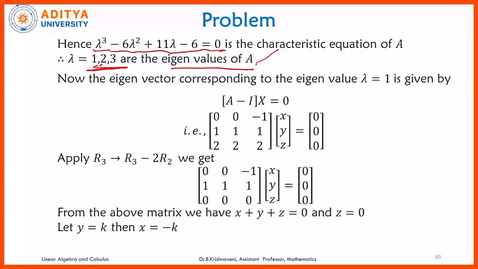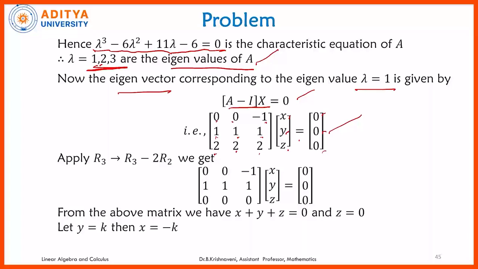So now let us find the eigenvector corresponding to the eigenvalue lambda is equal to 1. By means of (A - lambda I)x = 0, taking lambda equal to 1, we get the equation (A - I)x = 0. On doing that, we get the matrix [0 0 -1; 1 1 1; 2 2 2] times [x, y, z] equal to [0, 0, 0].